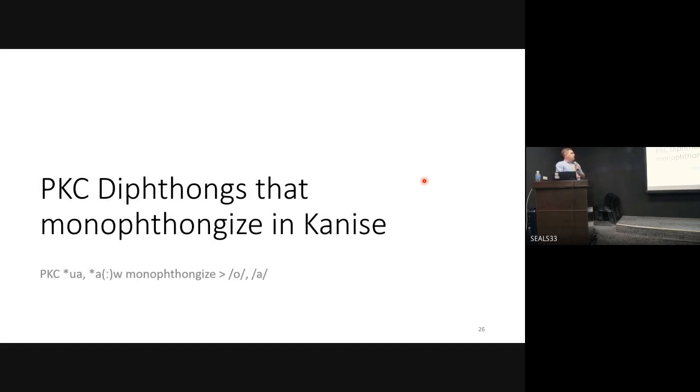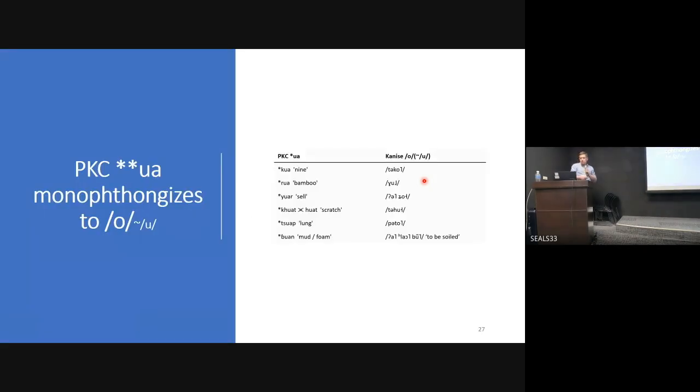Okay, so some of the diphthongs of Proto-Kuki-Chin monophthongized. So ua and ia both monophthongized, to a back and a front monophthong. Here we've got examples of ua monophthongizing usually to o, sometimes to u.